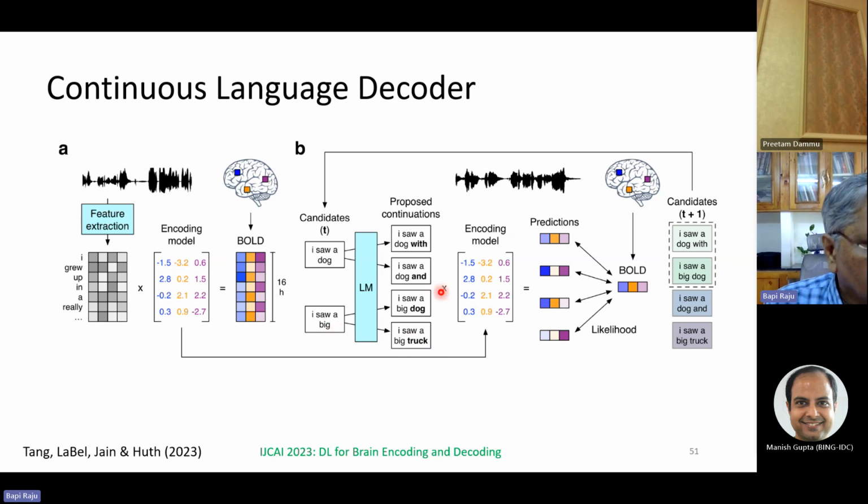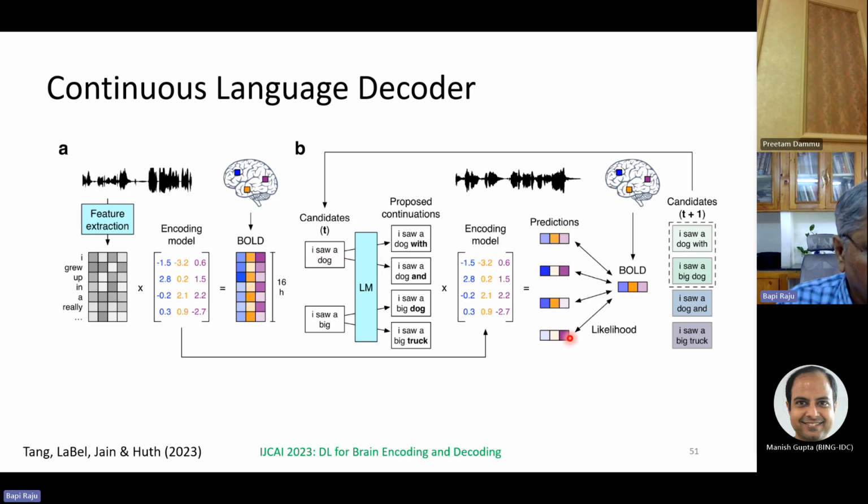The features extracted from these word sequences are used to generate brain activity. Remember, the encoding model that you have trained, you can use it to predict the possible brain activation: if this is the continuation, what is the brain activation?